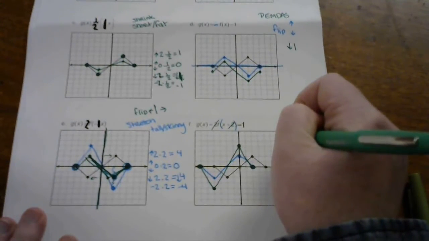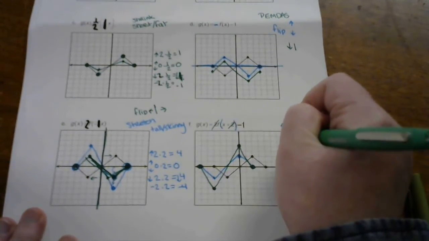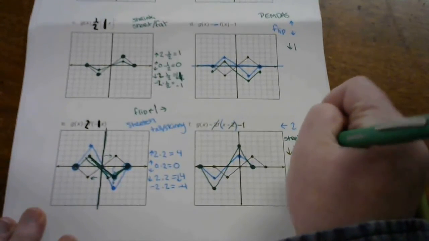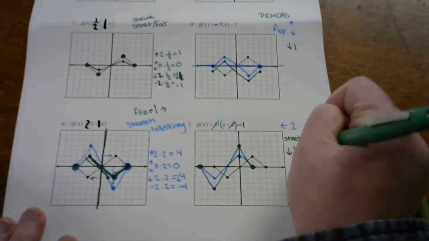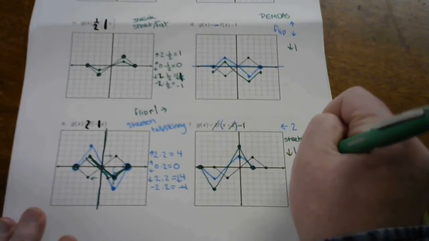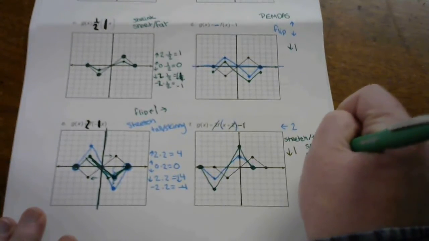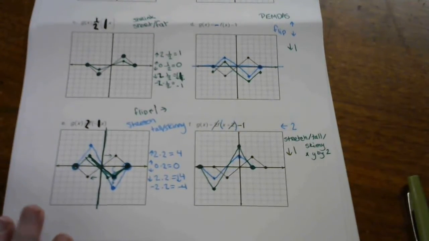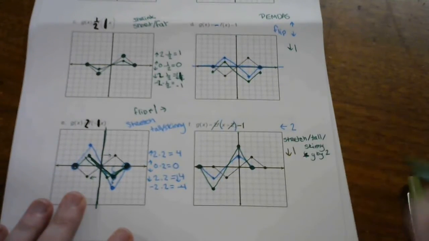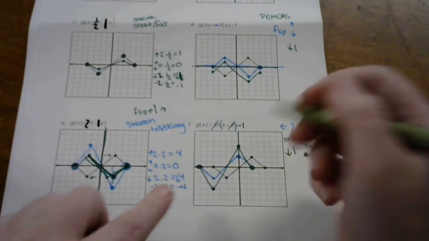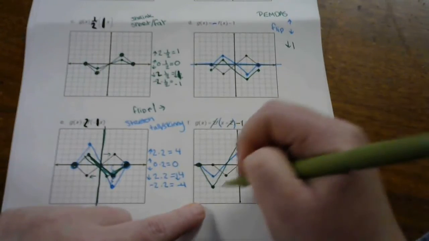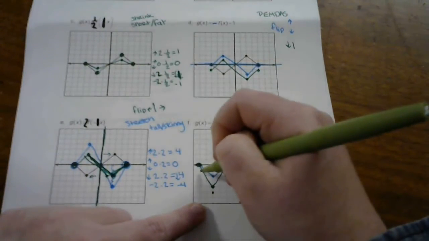My other green stretched, tall, skinny, multiply y by 2. Okay, I'm going to use a star as my multiply instead. So now I'm going to move down 1, down 1, down 1, down 1.